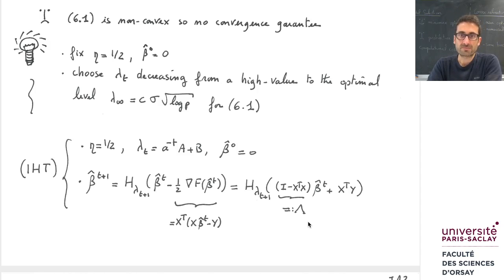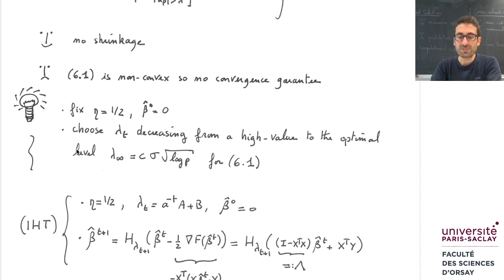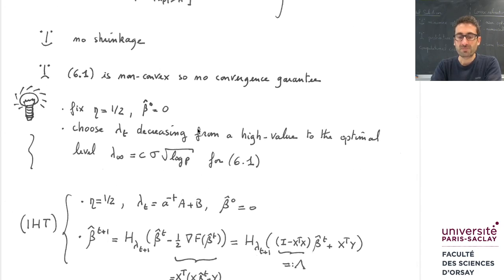Right, so I repeat again, we will use these updates here, but starting from a lambda which is very large and decreasing to the optimal value of lambda, which is something like this, which is the value that we use in model selection. Right?